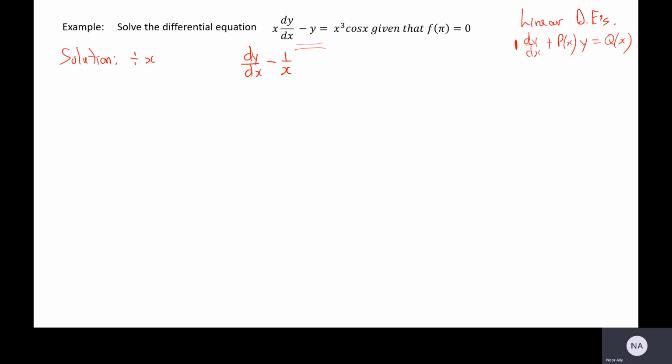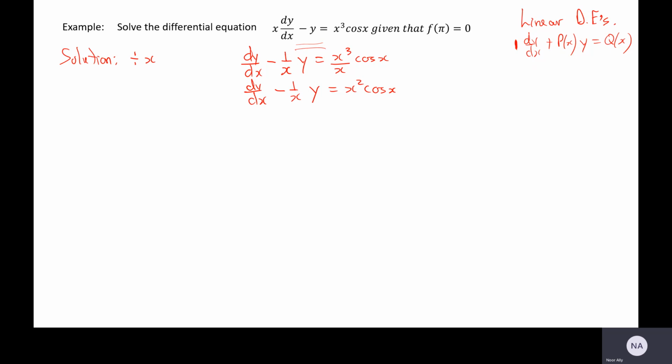Instead of saying y over x, I said 1 over x times y, and of course x cubed over x will give me my x squared cos of x. So this reduces to dy/dx minus 1 over x times y is equal to x squared cos of x.